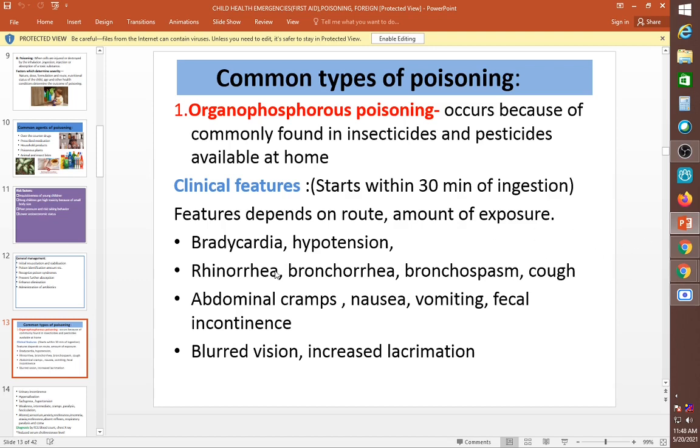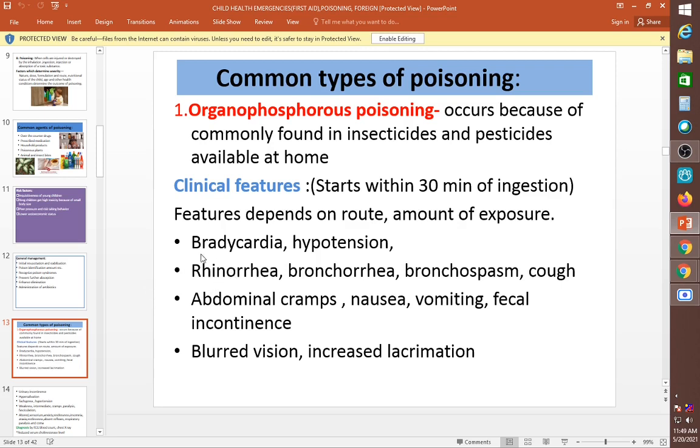What is bronchorrhea? Bronchorrhea means there is a secretion from the bronchus. When poison enters the body, because poison is not acceptable to the body, the body starts causing secretion. So there is rhinorrhea from the nose, a running nose.